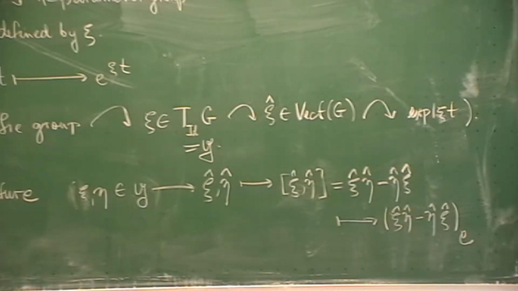So you take two elements at the identity. This is wonderful. And then you go out the door with these two elements, and outside you have vector fields, and it's horribly complicated maybe. You take a conjugation of these vector fields, and then you restrict back, and you get this. So this thing is a Lie algebra.